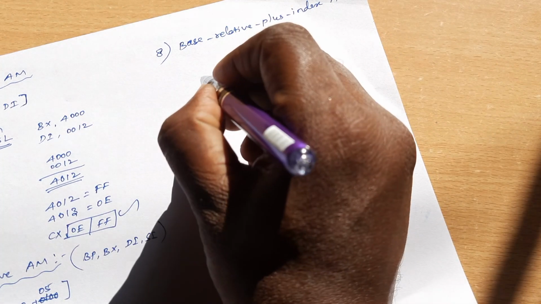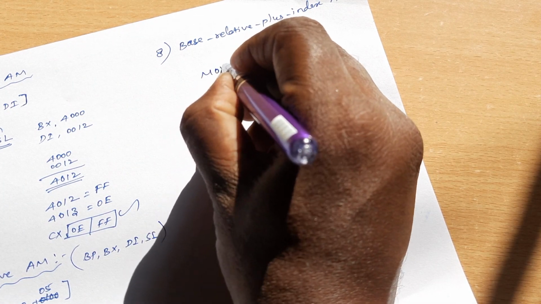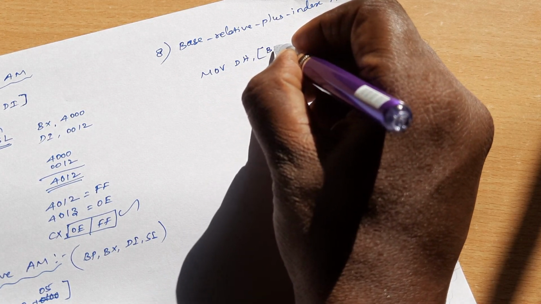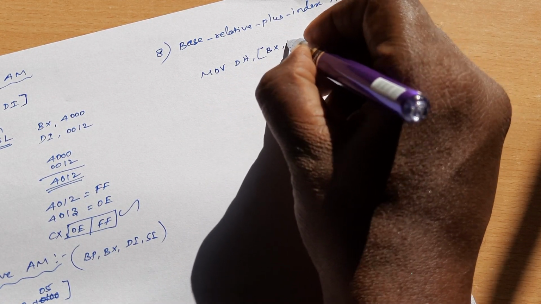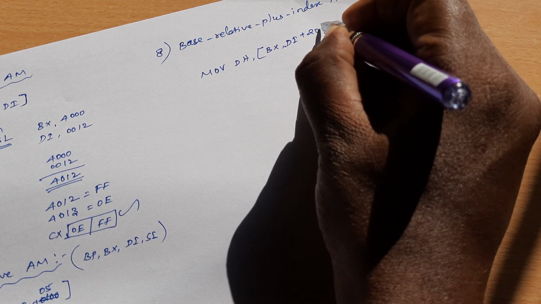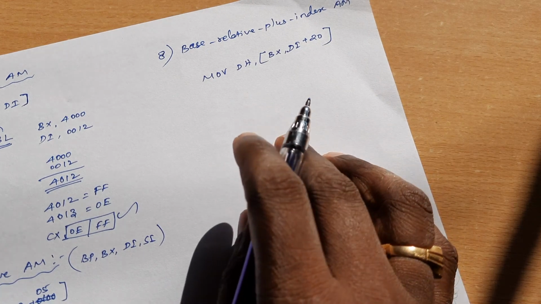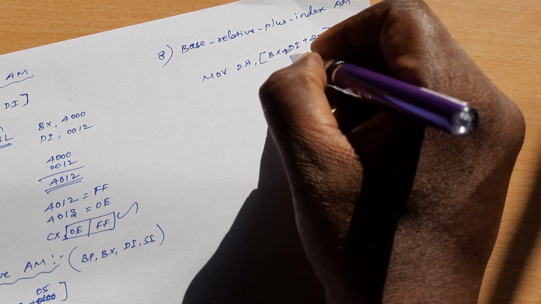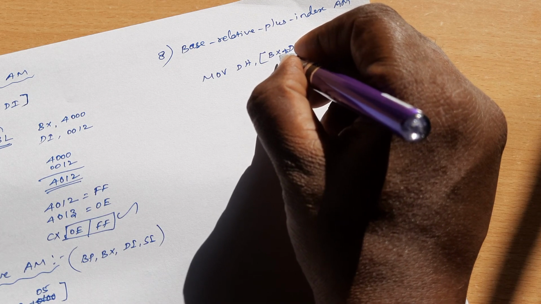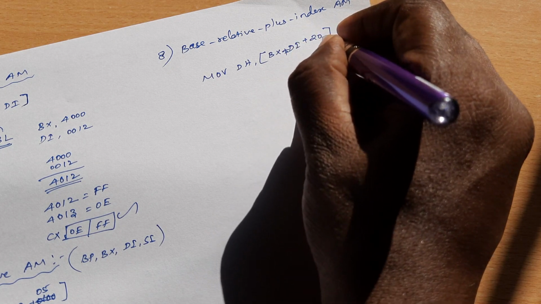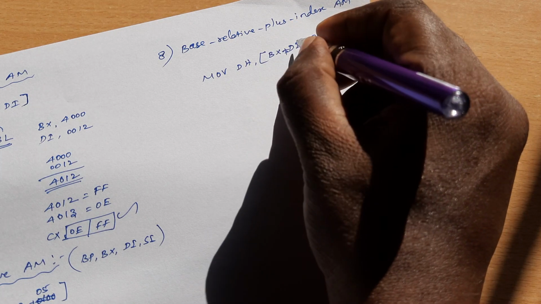Now say an example, simply we will have MOV DH, comma, say base register BX plus index plus displacement. What happens now is, this BX value is added with the DX, and the sum of both is added with this 20, and now we actually get the actual address.